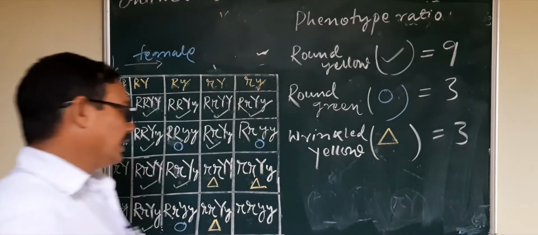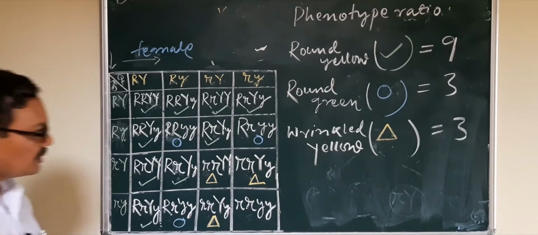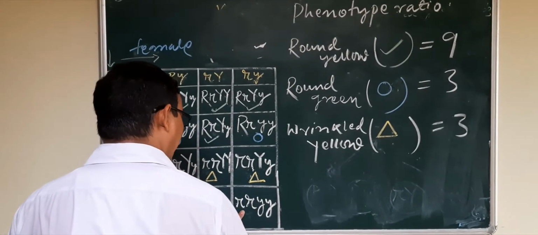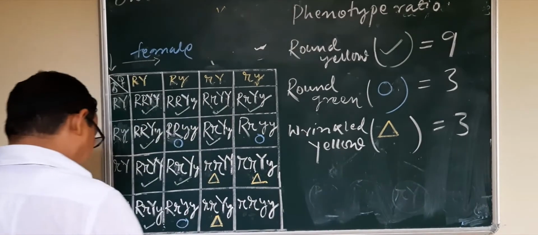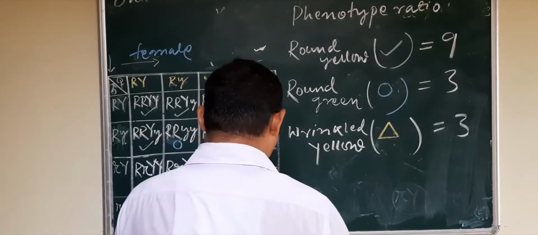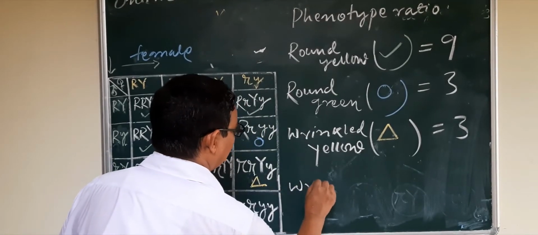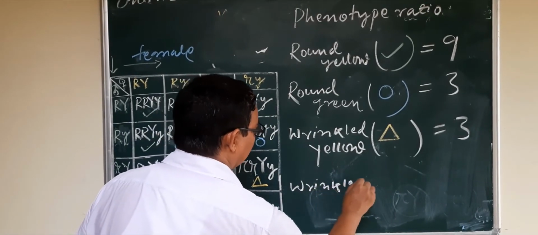Now only one box is left here, that is the wrinkled green.